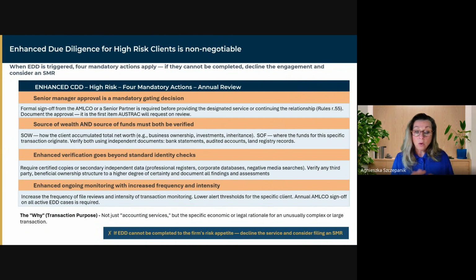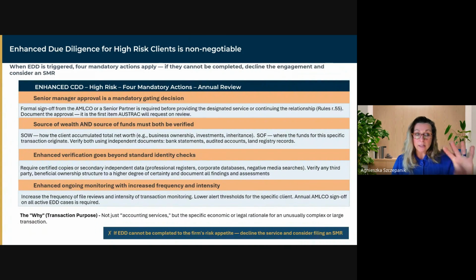So the core components of enhanced due diligence, that was a Freudian slip, is really around making sure that you understand in greater detail who that customer is and why they're coming to you.